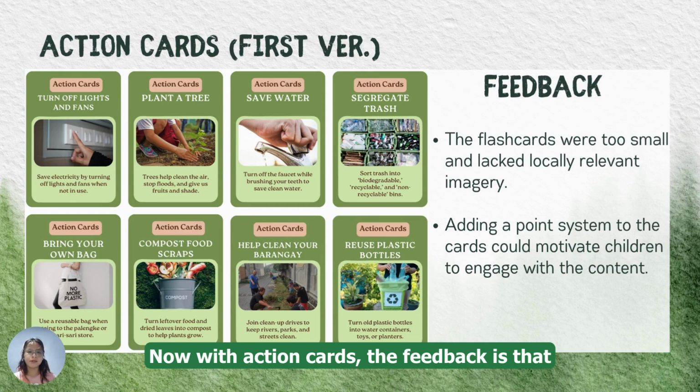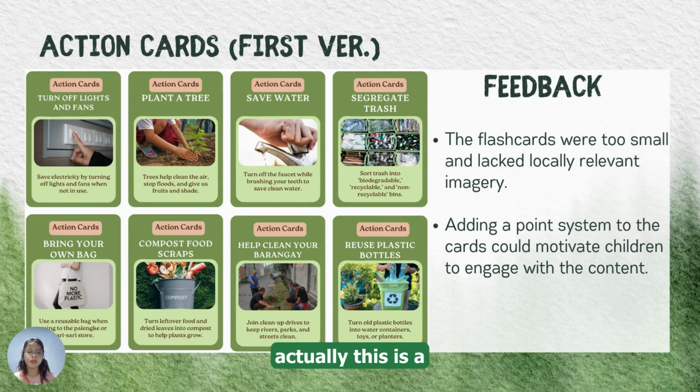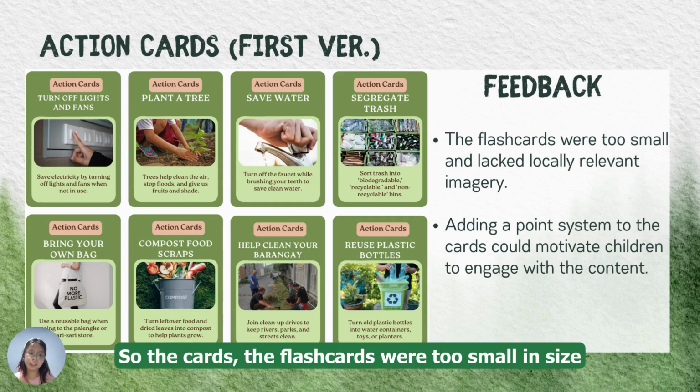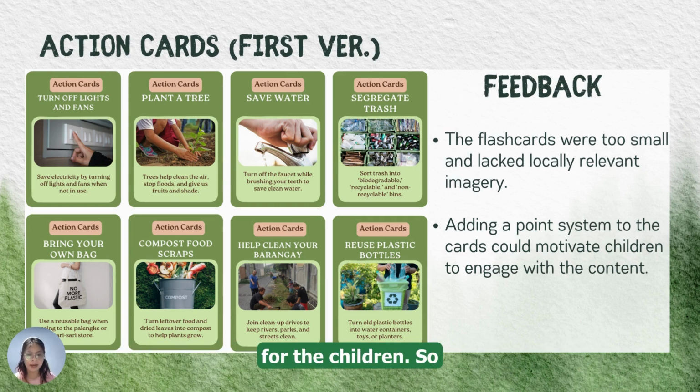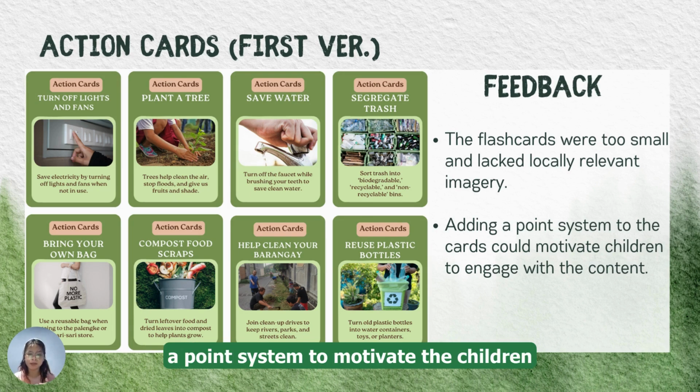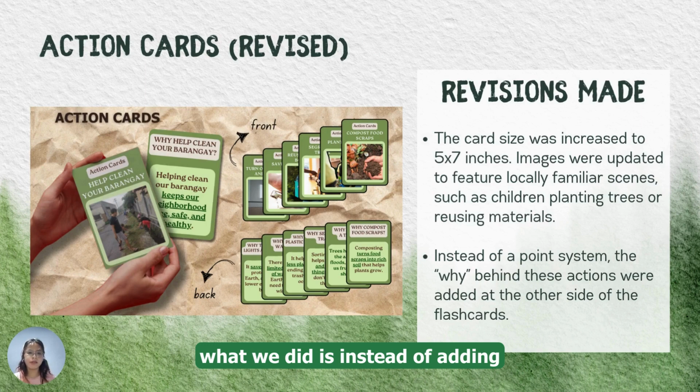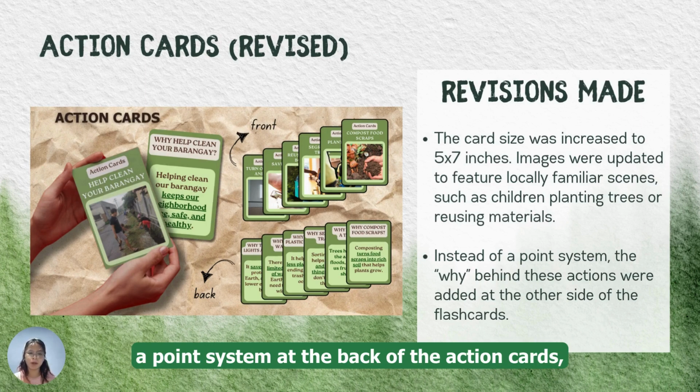Now, with action cards, the feedback is actually a feedback on all of the cards. So, the flashcards were too small in size for the children. At the same time, the expert suggested that we add a point system to motivate the children to engage with the content more. But what we did, instead of adding a point system, is we added the why behind these cards at the back of the action cards.